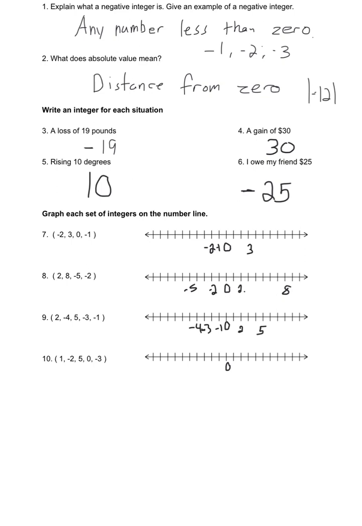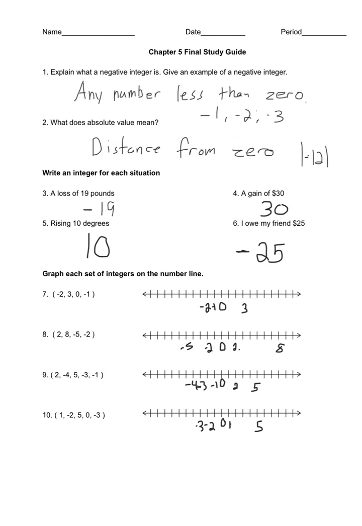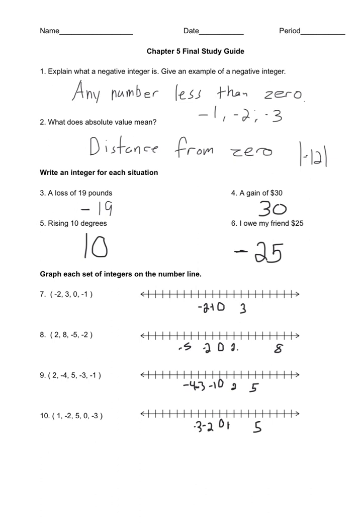On number 10, we have a 1 right next to 0, -2 and -3 are right next to each other. And then we have a 5 down here, just like up above. So those are numbers 1 through 10. Take a look and make sure you have them correct.